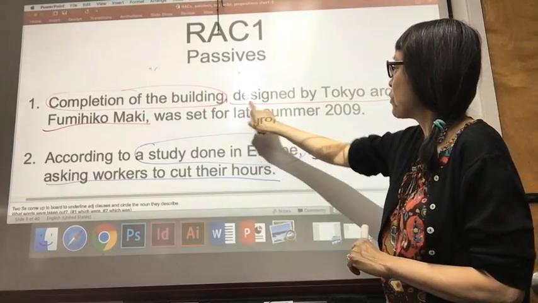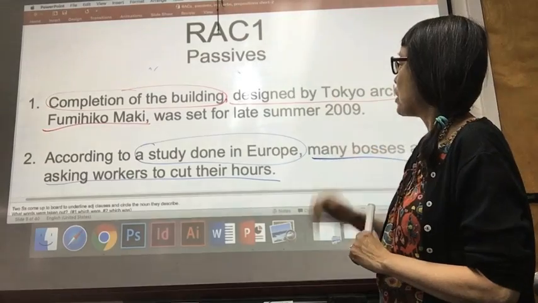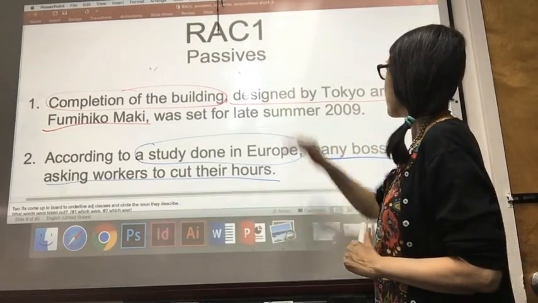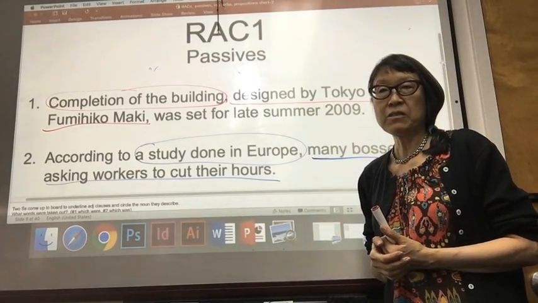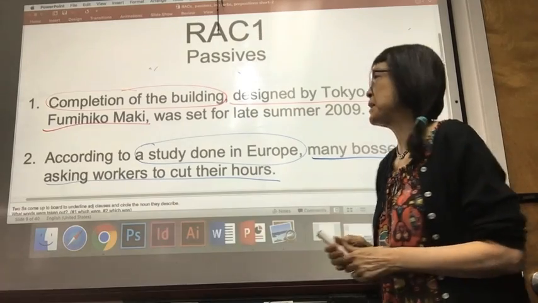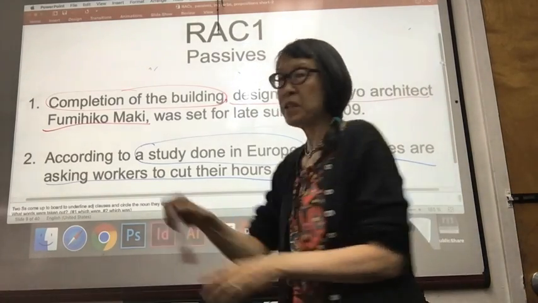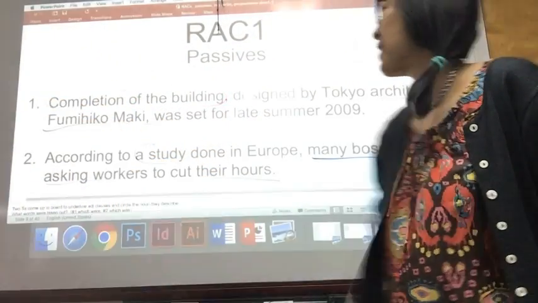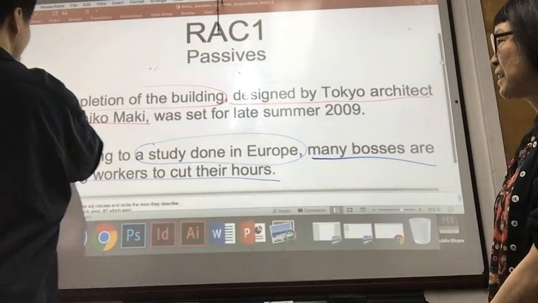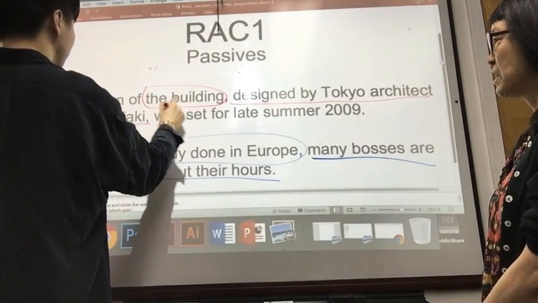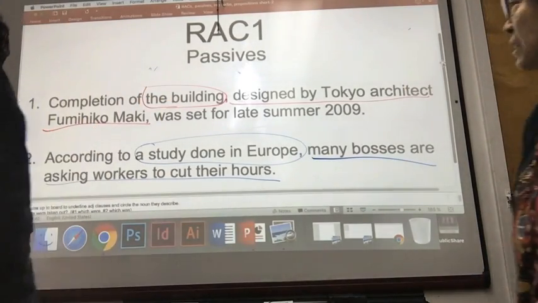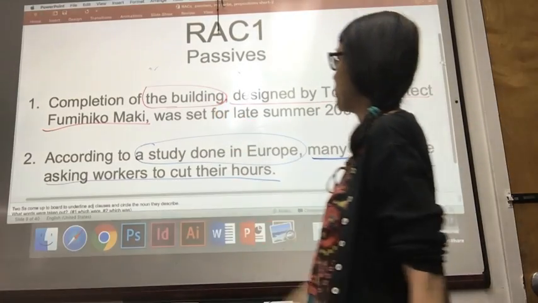Okay, let's choose a word that this adjective clause describes. What was designed by the architect? What was designed? The building. The building, okay? So do you want to change that? Okay, good. So he circled a noun phrase, the building.